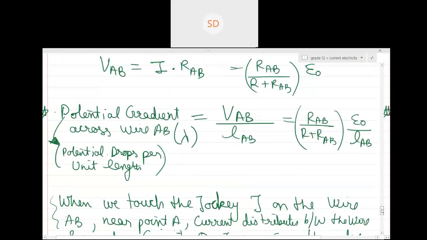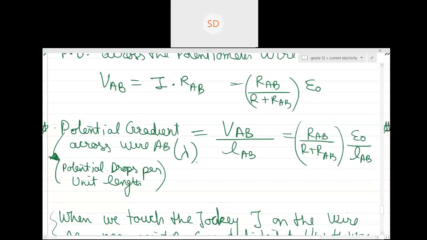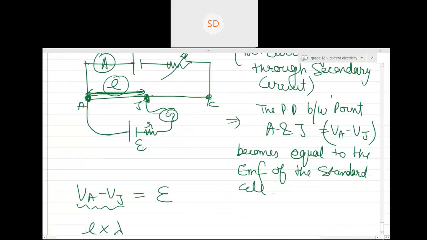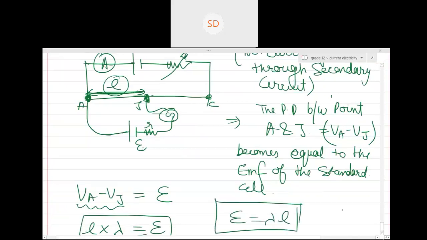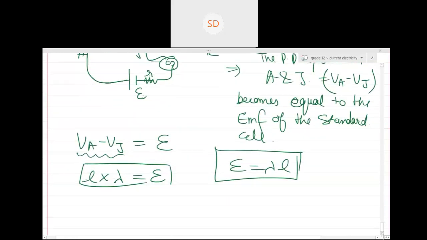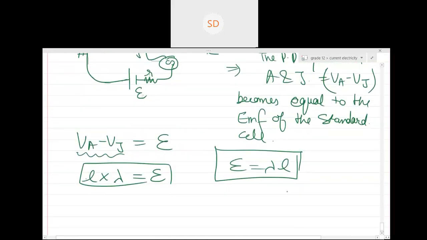And we already calculated the potential per unit length, lambda. So L into lambda. So can you see how you will find out the value of the unknown EMF? Is this clear, guys? Okay, let's quickly note it down.